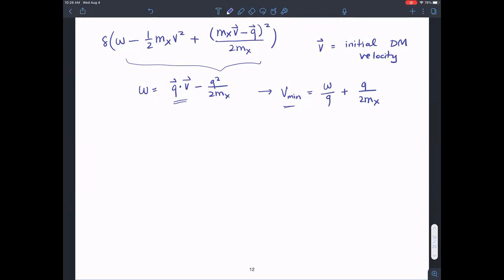Or to put it another way, this constraint implies that omega is less than QV minus Q squared over 2mx.